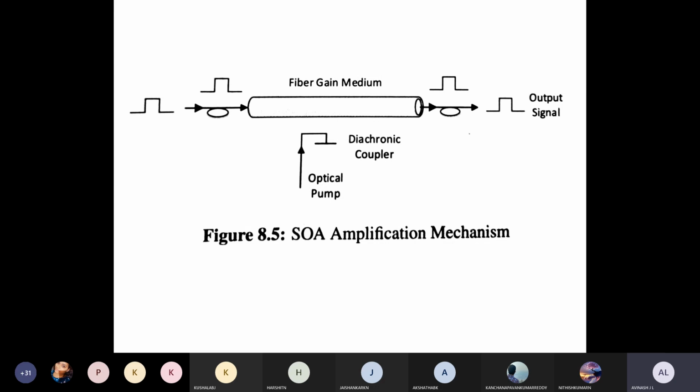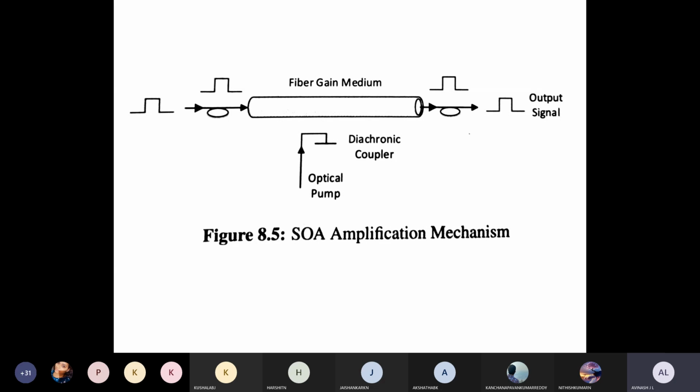Okay. So here, when we see this particular diagram of the SOA amplification mechanism, I can see that from the left hand side, the energy will be sent through the transmitter.